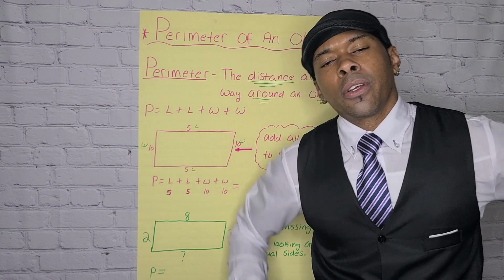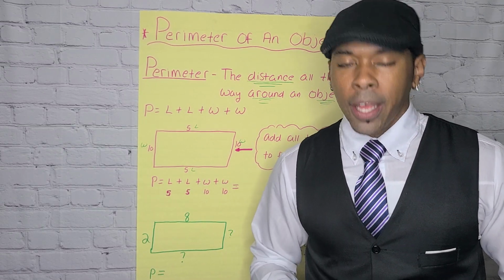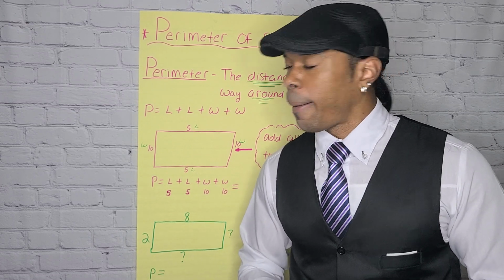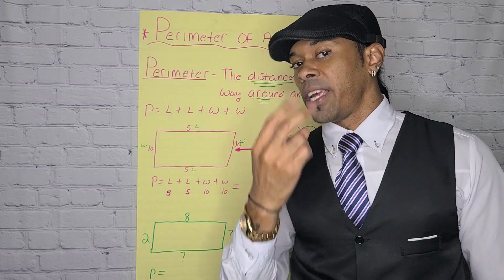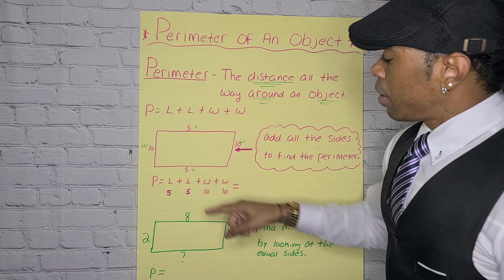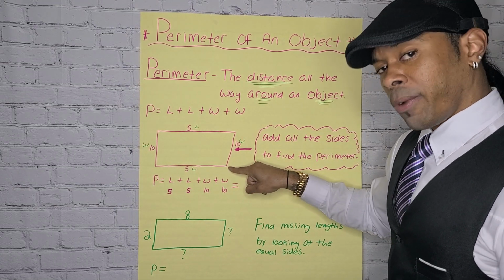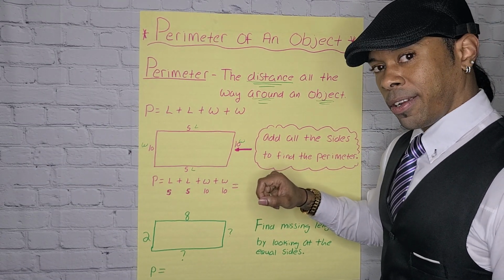Now, boys and girls, a rectangle has congruent sides. When you have congruent sides, that means your congruent sides are equal, right? Also with a rectangle, we have 2 sets, not just one, but 2 sets of parallel lines. If you look right here at the bottom, this one line right here is actually parallel to this line, correct?